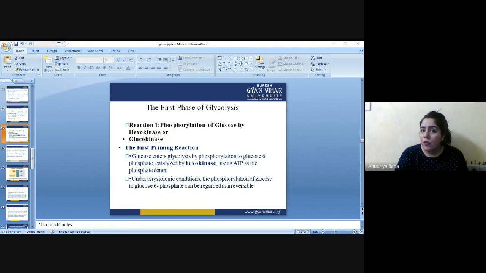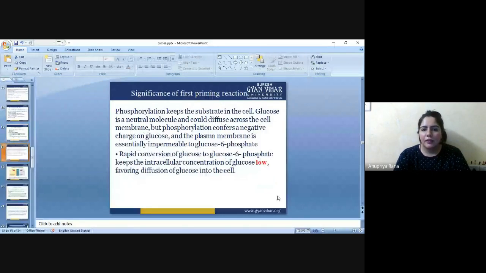For adding that phosphate group we need ATP, and that ATP gives us the phosphate. Let's see the significance of this primary reaction. I think we can take the significance part later.